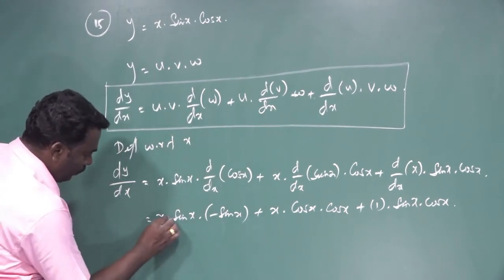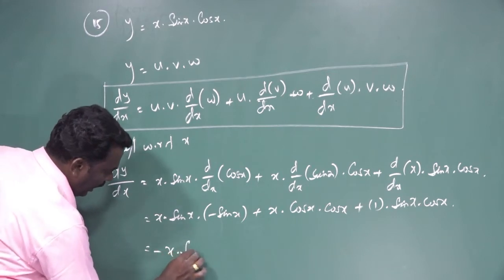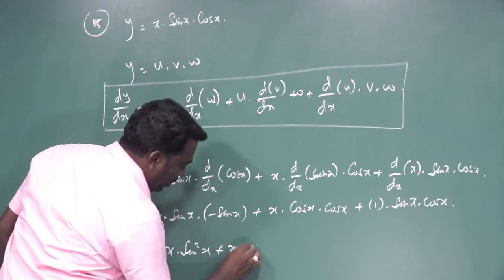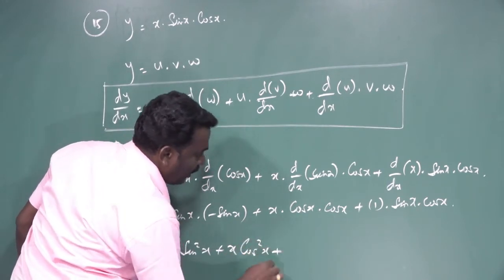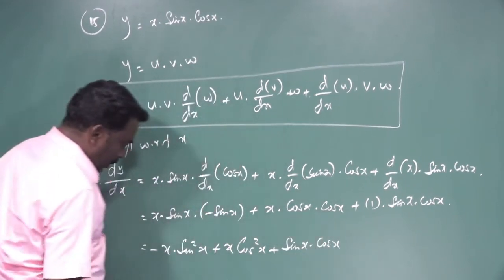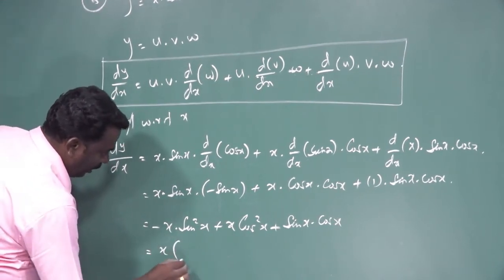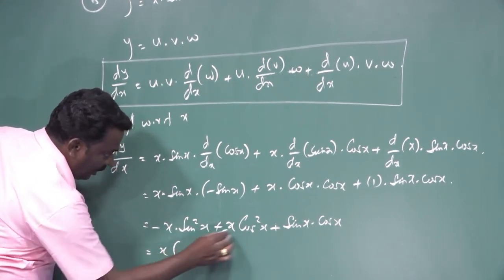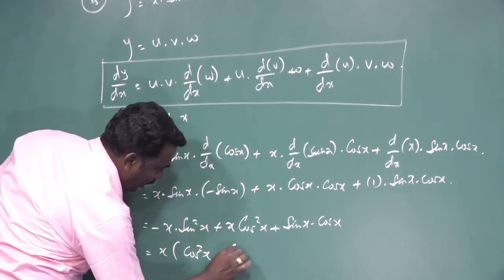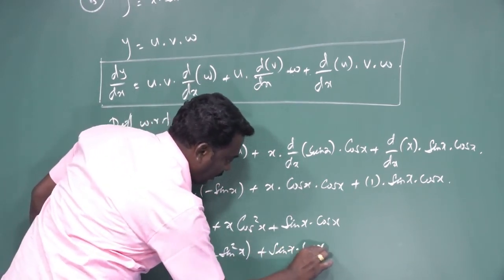That is equal to, multiplying the terms, minus x sin square x plus x cos square x plus sin x into cos x. Now in this we can take x commonly, so x into cos square x minus sin square x, plus sin x into cos x as it is.